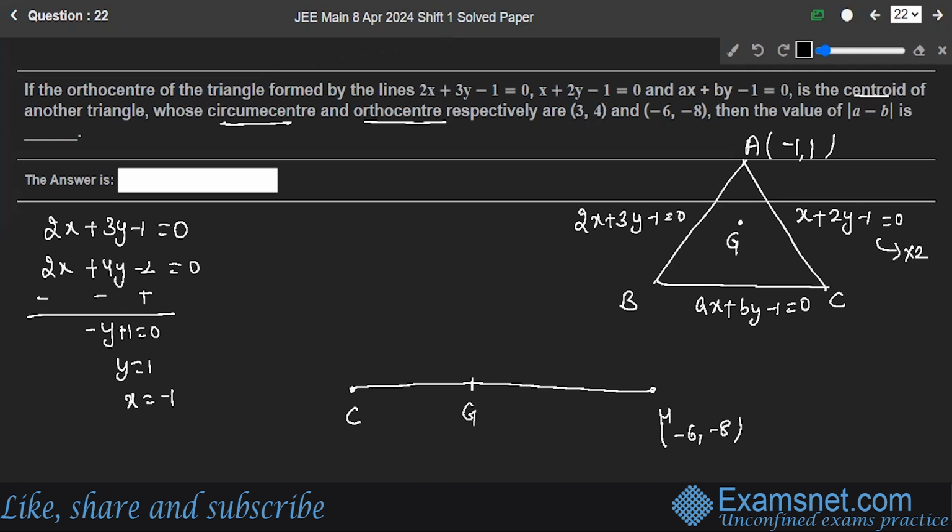Okay. So let's say circumcenter as C. C's coordinates are 3, 4. And orthocenter is this, which is having the coordinates as -6, -8. And G is your centroid, whose coordinates I don't know, but I know one thing, that the centroid divides the circumcenter and the orthocenter in the ratio 1:2.